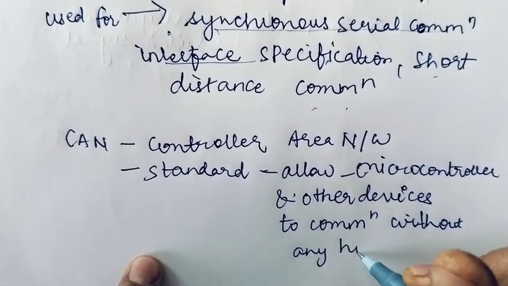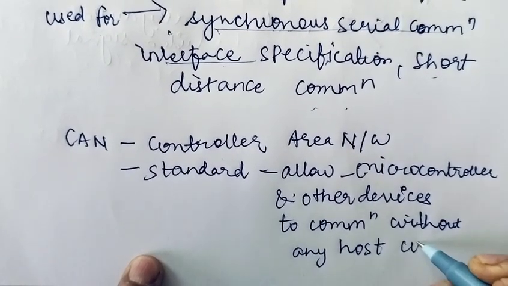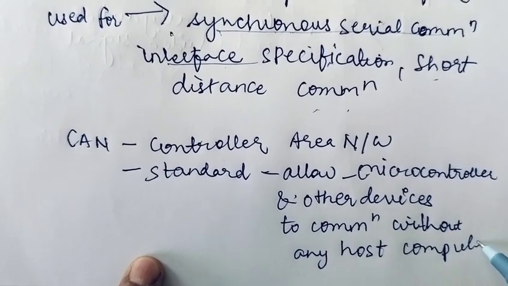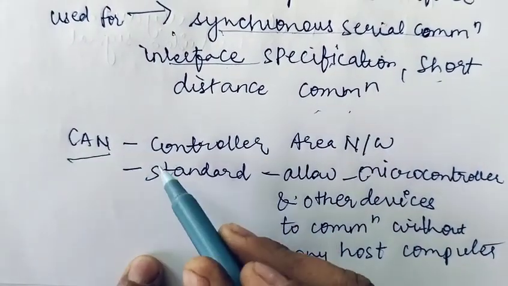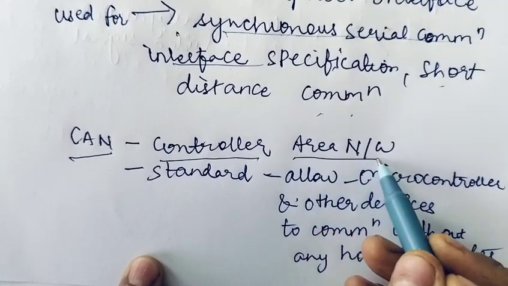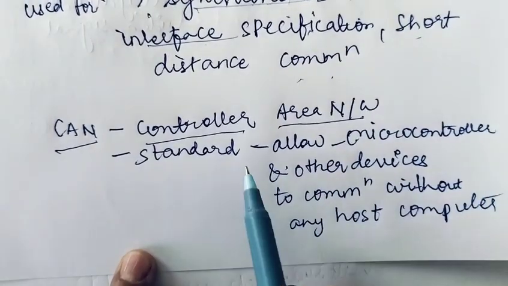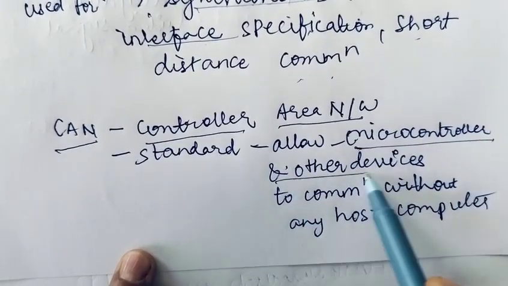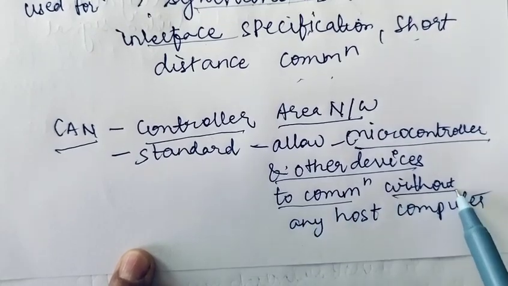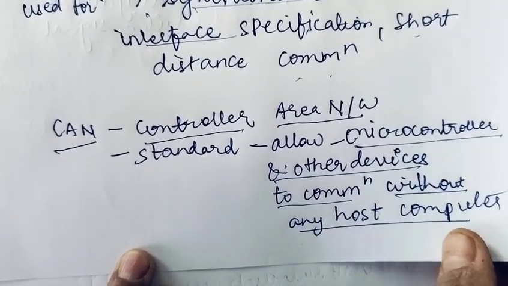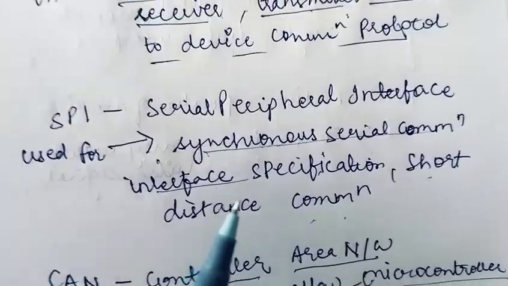So any devices can communicate with each other without using any host computer, using the CAN, whose full form is Controller Area Network. So basically it is a standard that allows microcontrollers and other devices to communicate with each other without using any host computer.